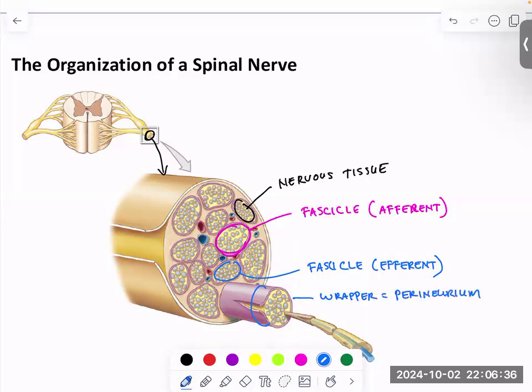Neurium for nerve. Remember perimysium, endomysium, perineurium for nerve. This is the wrapper around the fascicle. This is made of dense, regular connective tissue.